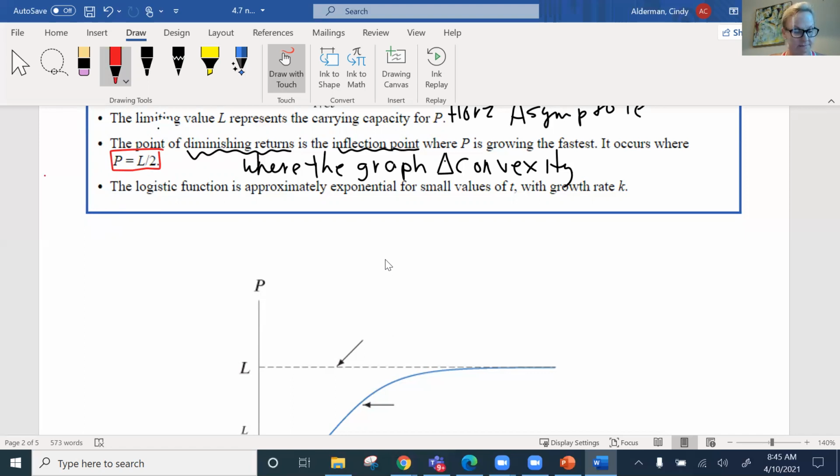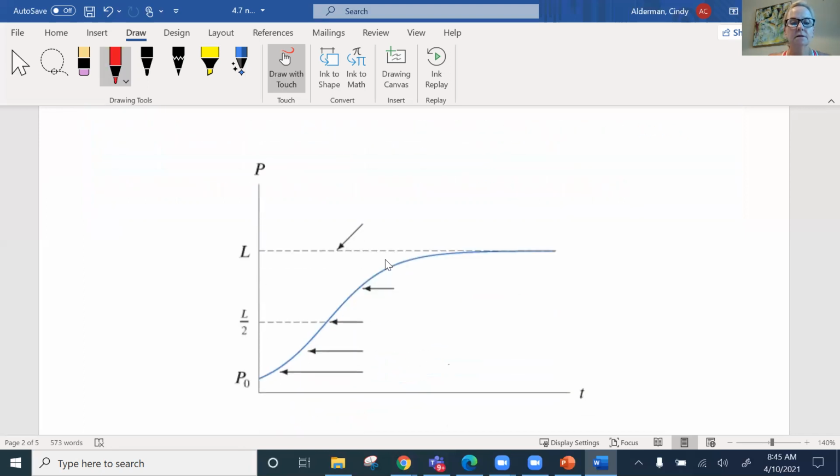Okay, so let's label some things. So here's the basic function of a logistic function. And of course, this is when k is greater than 0, right? And of course, it's convex down in the beginning when k is less than 0, like I showed you earlier.